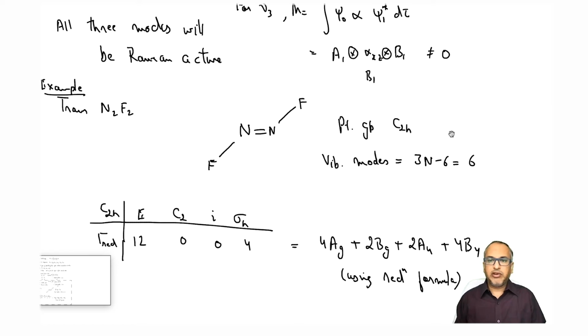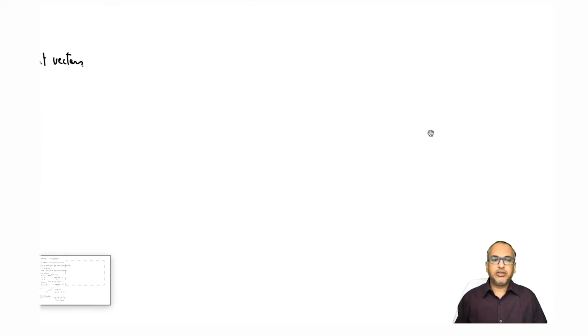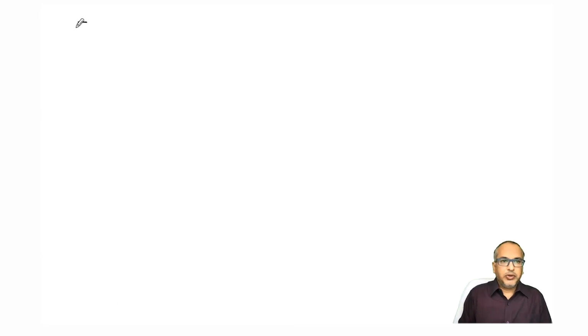Now, which of these vibrational modes will be IR active and which of these will be Raman active? How would we tell that? So we know that the vibrational representation is equal to 3Ag plus Au plus 2Bu.